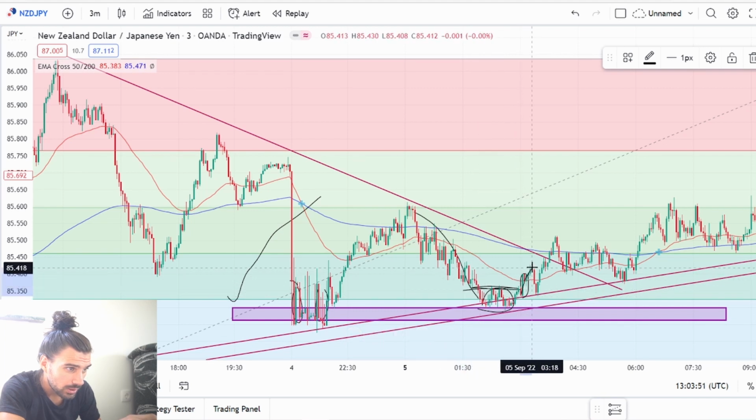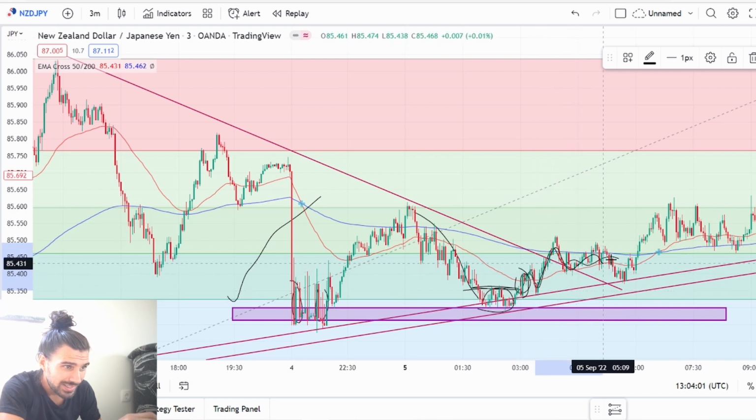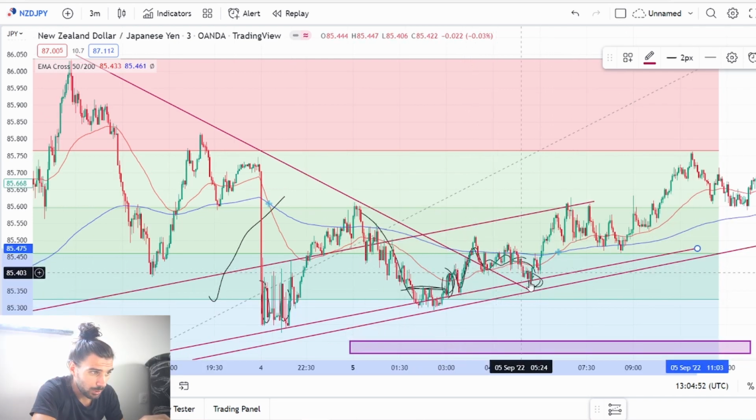Market went to the upside, and so basically what I want to see after this breakout candlestick is a pullback. So here happened the first one, and here the second one, and so the market pulled back here to the trend line and at the same time to this green wick.